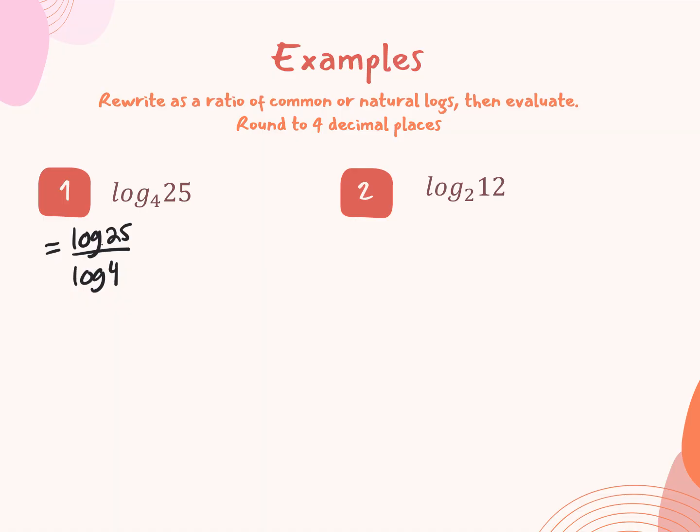So this is log base 10 of 25 and log base 10 of 4, and the log button on your calculator is automatically a log with a base of 10. But this is also the same as if you did ln of 25 divided by ln of 4, you would get the exact same number.